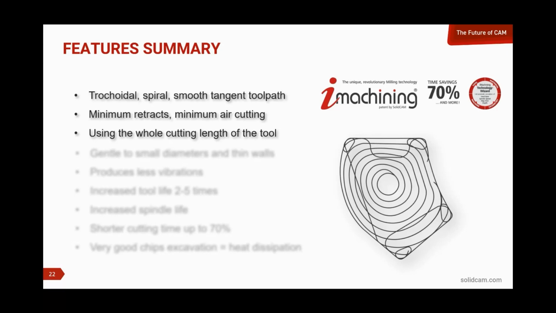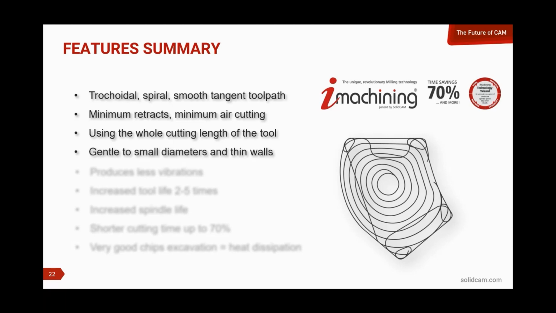This is pretty important. In a traditional standard pocketing operation, generally we're just using a very small portion of the end of the tool, wearing that out, and the whole rest of the tool is still sharp. With iMachining, because of how we're managing the force loads, we can use the entire tool in many cases and get to utilize all that sharp flute that we don't use in the other way.